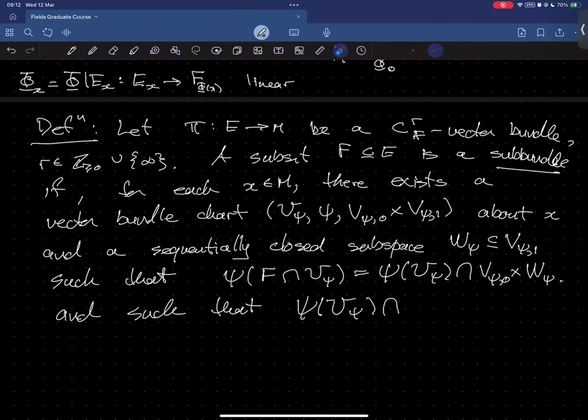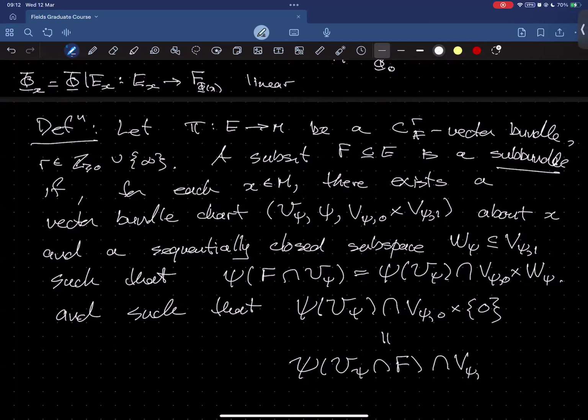We want those to be the same as those which come from this. Okay, so let me code that as follows. So V psi naught cross 0 is equal to psi of V psi intersect F intersect V psi naught cross 0.